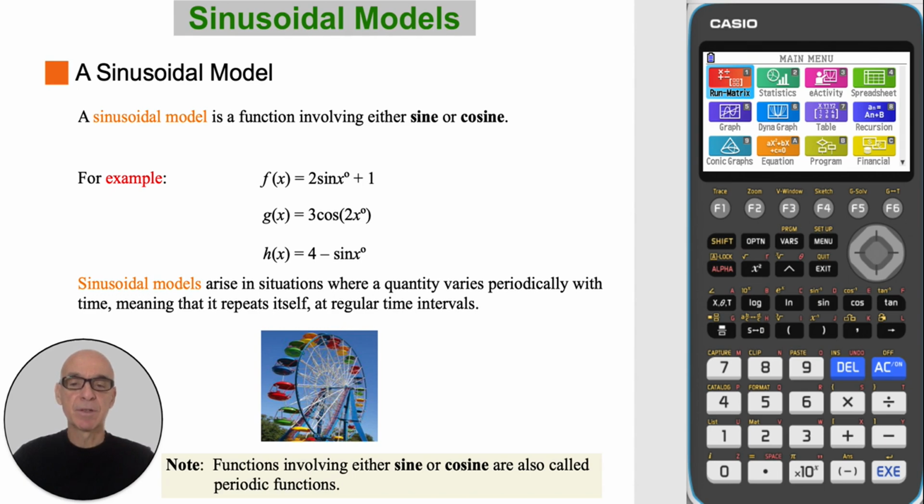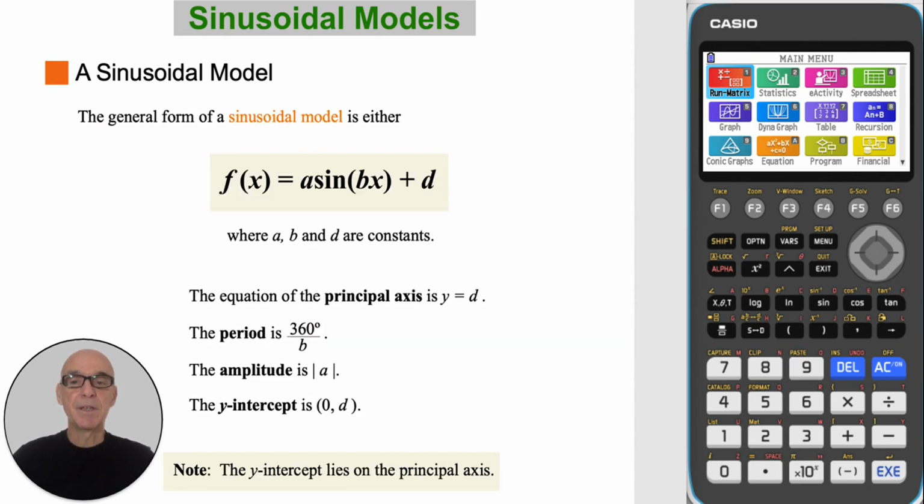Sinusoidal models arise in situations where a quantity varies periodically with time, meaning that it repeats itself at regular time intervals. The general form of a sinusoidal model is either a sin(bx) + d, where a, b, d are constants.